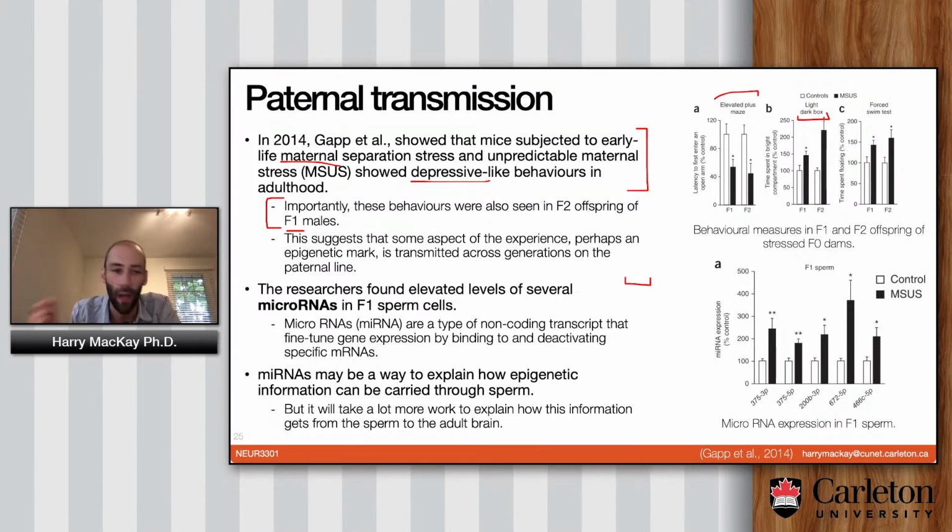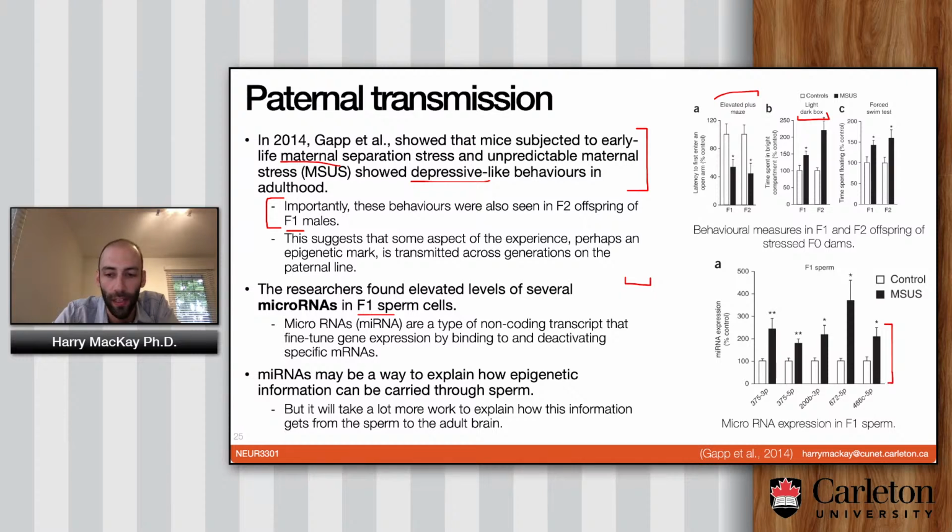But what is it? Well, in this case, the researchers looked at microRNAs and found that a number of them were elevated in the F1 sperm cells. So this is them. I don't want you to worry about what these do or what they're for or anything like that.